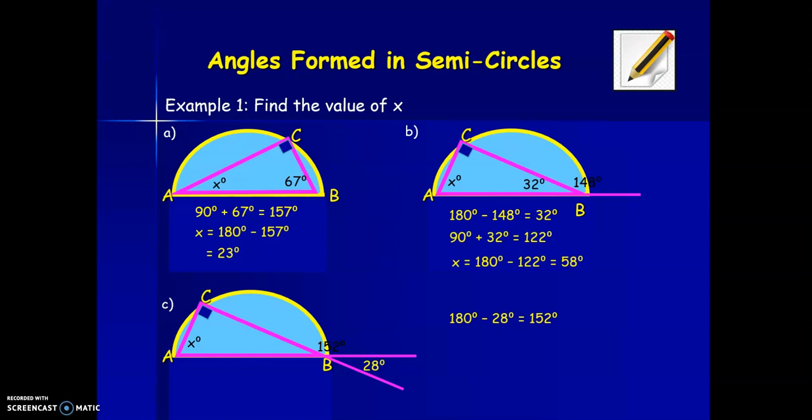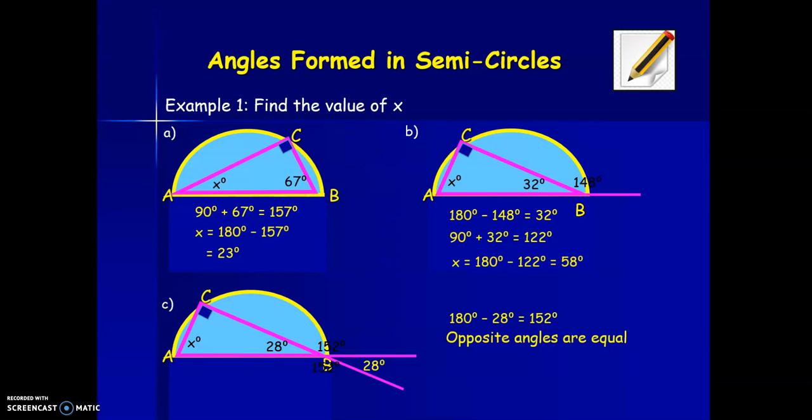So the obtuse angle at vertex B is 152 degrees. Then we can fill in our opposite angles. So we end up with 28 degrees as the internal angle in the triangle at vertex B.